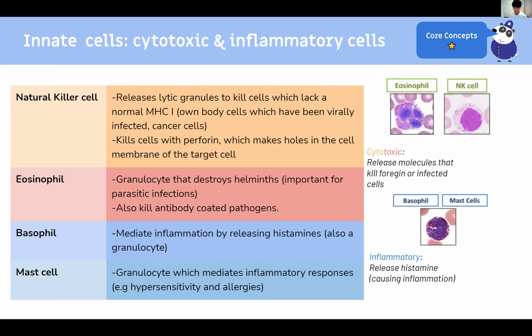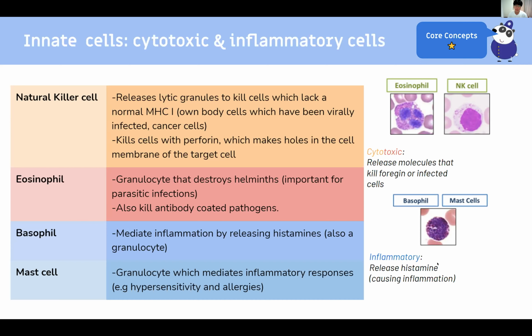Whereas phagocytes, which we'll explain a bit later, engulf the pathogen, these cytotoxic cells release harmful molecules, things like perforin, that will kill foreign or infected cells. So they don't need to engulf anything. That's the cytotoxic cells. And then there are the inflammatory cells, which release histamine, causing inflammation.